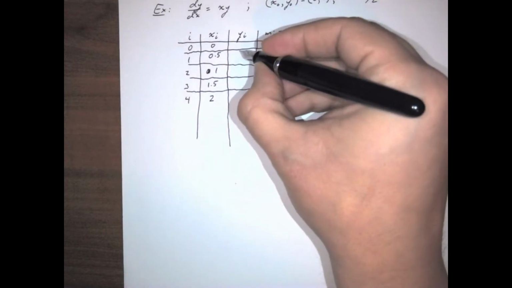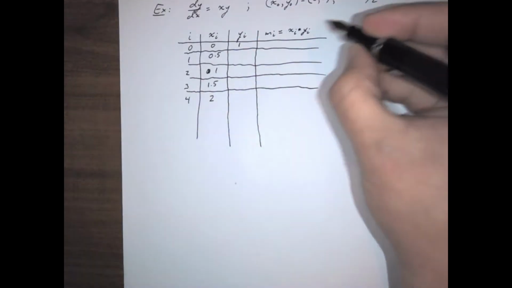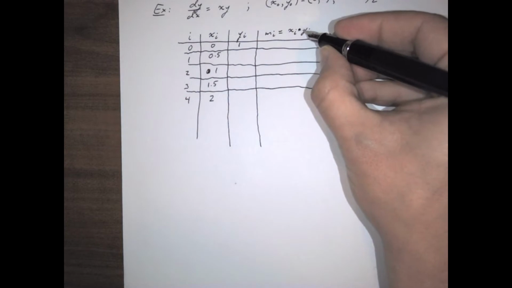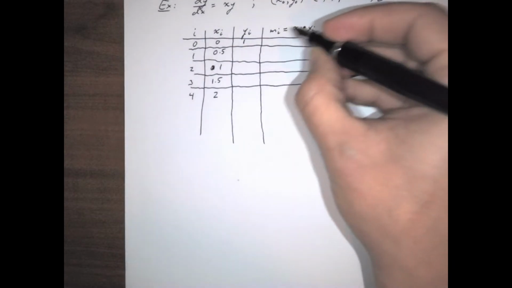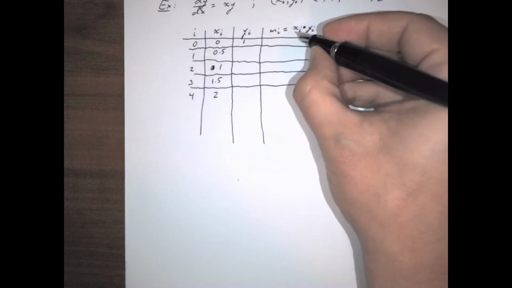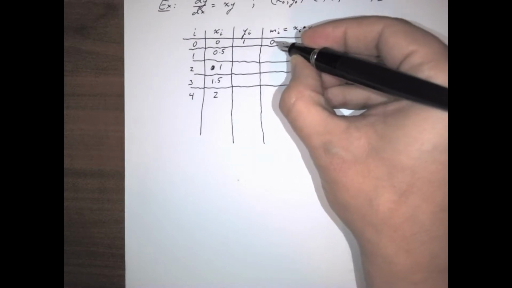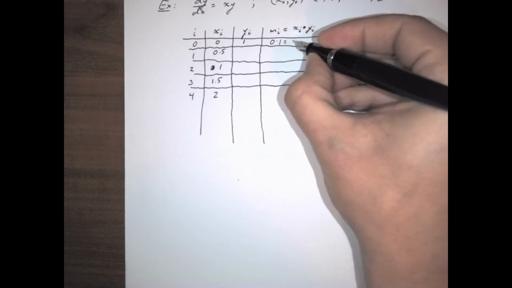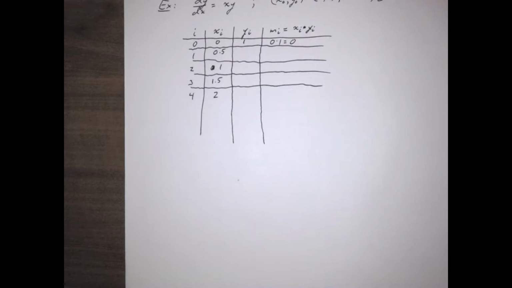Now the first y value is known to us. That's equal to 1. And here we can just do the multiplication, and we get the slope. It's just going to be 0 times 1 equals 0.